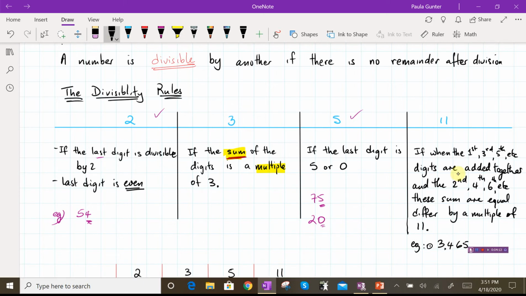So if we look at an example, if we go back to 54, if I add 5 plus 4, these are the digits that make up 54, it's 9. 9 is a multiple of 3, so therefore 54 is divisible by 3.